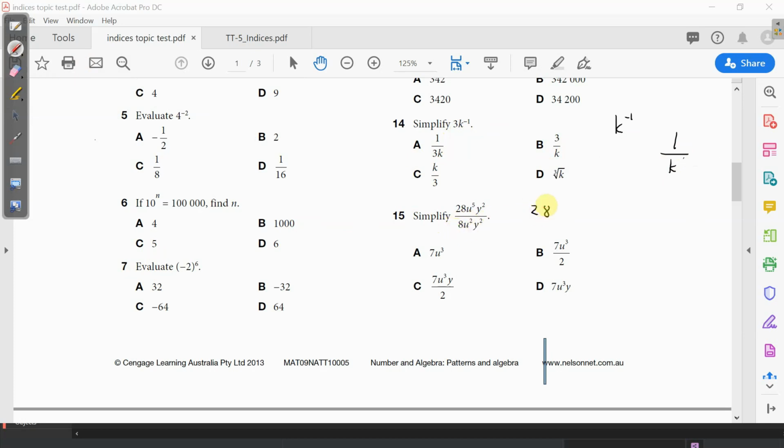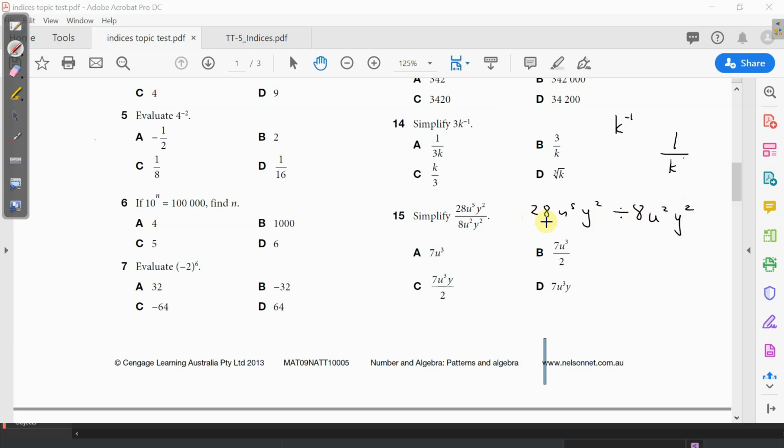Remember, you can think of these as dividing questions, so 28 divided by 8. Can't really do that, can you? So we're going to have to think of another way to do it.